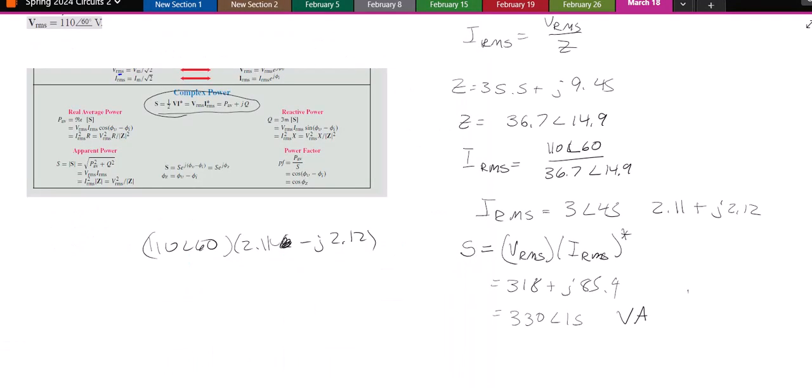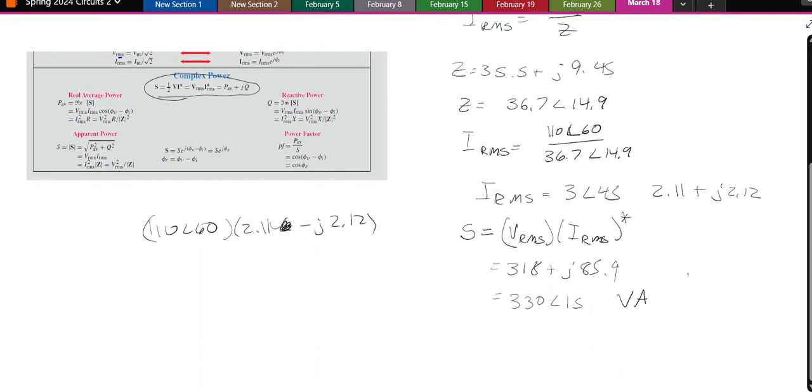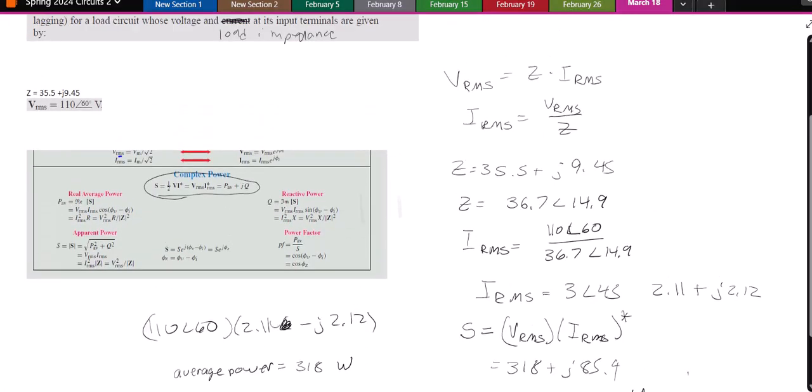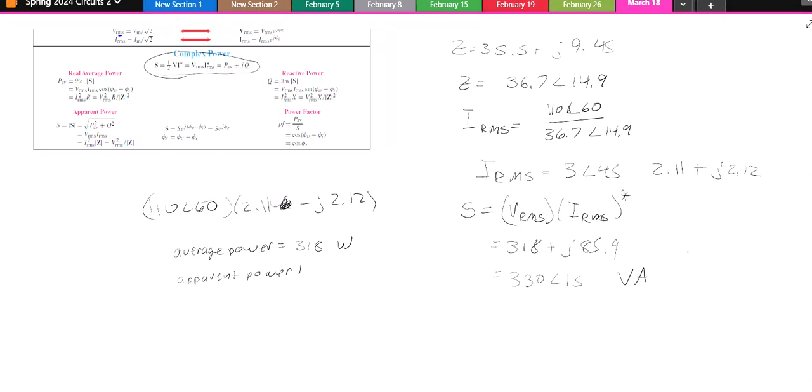What else are we supposed to find? Now that we have that, we really have everything, because the complex power has built in it the average real power and the reactive power. So average power is the real part, that's 318, and average power is in watts. And our apparent power, we have lots of different ways we can do that.